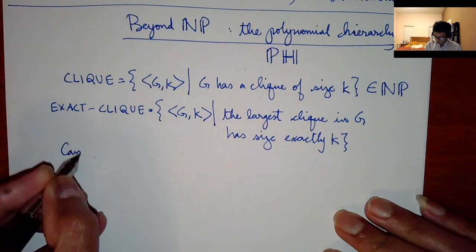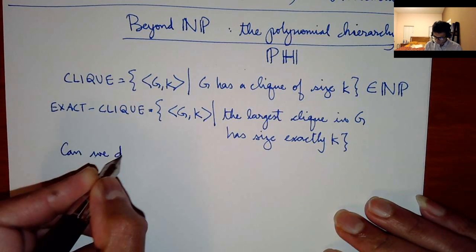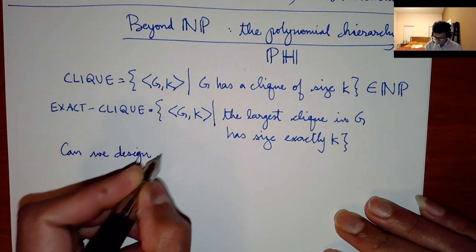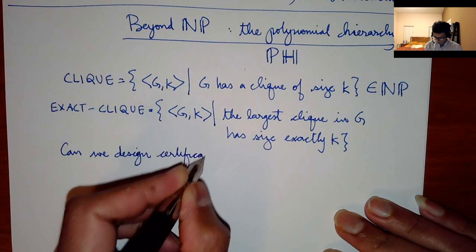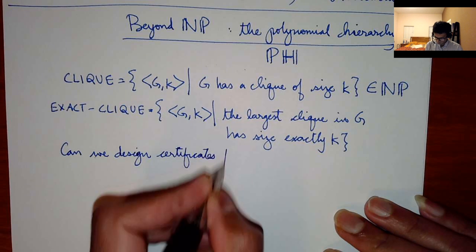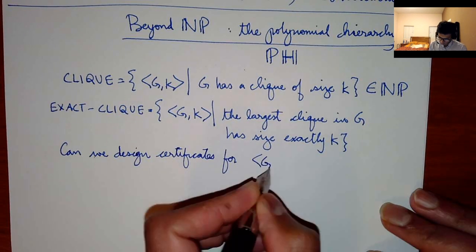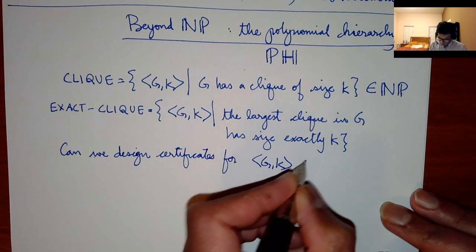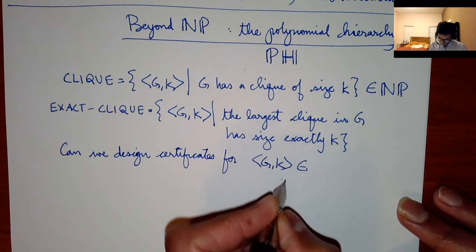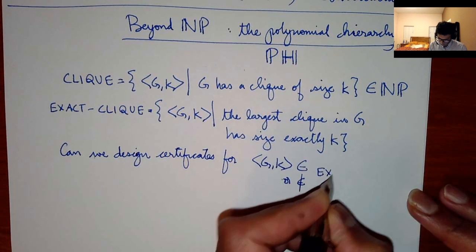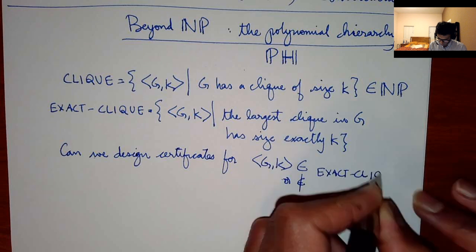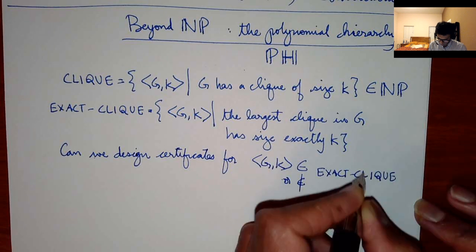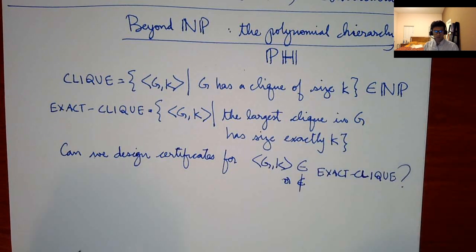Can we design certificates for G, K in or not in exact clique?